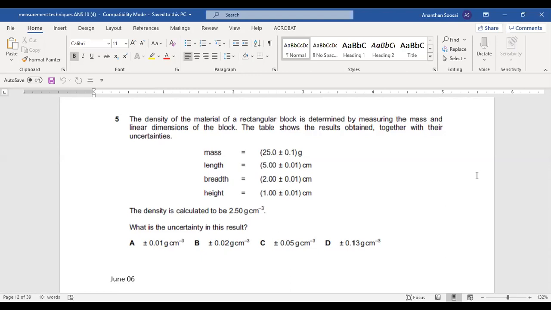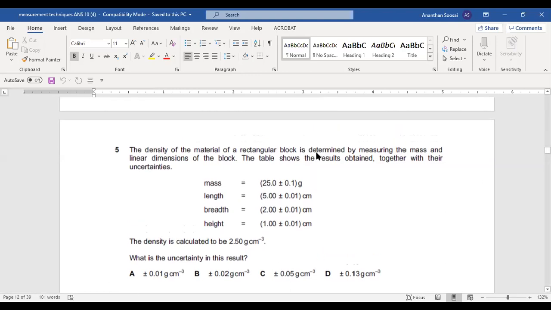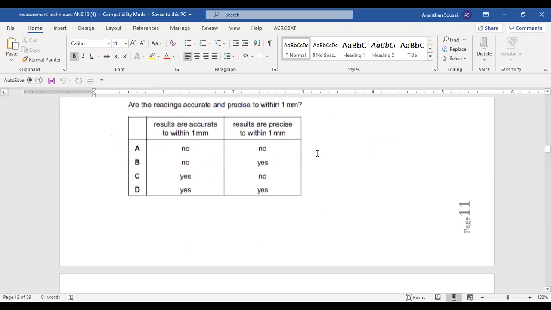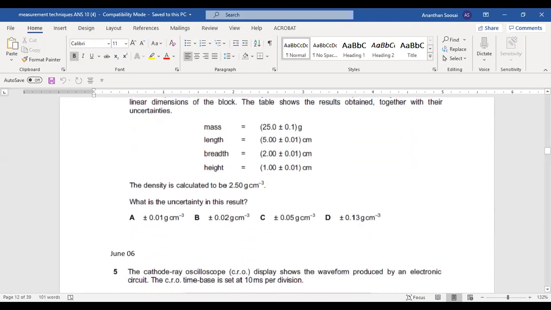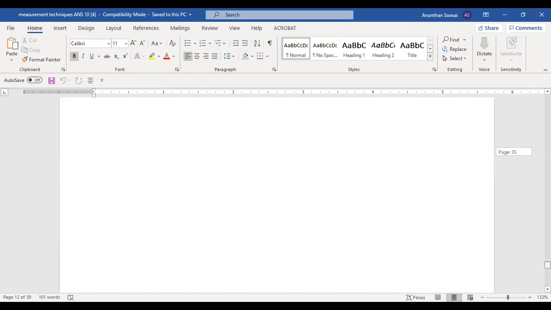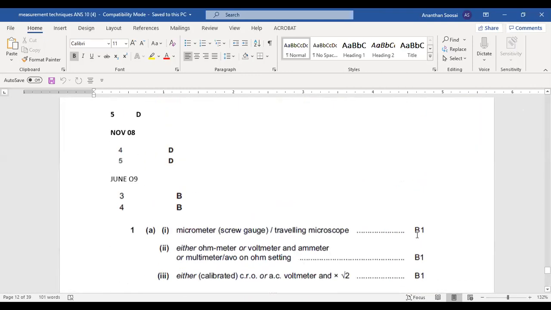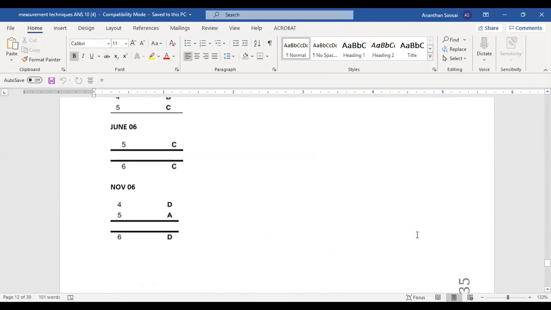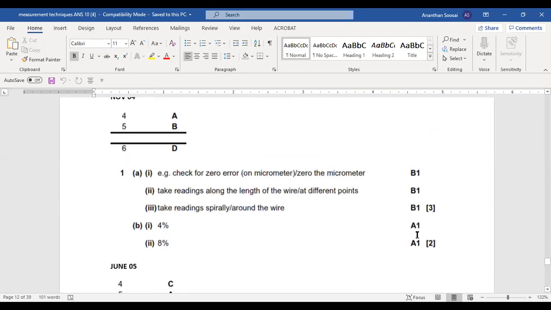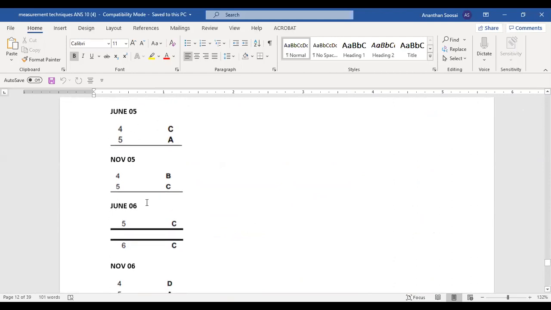Is it D? D, yeah. So, okay, so 5D. Let me check. Number 5. November 5, right? So it's found to be C, yeah.